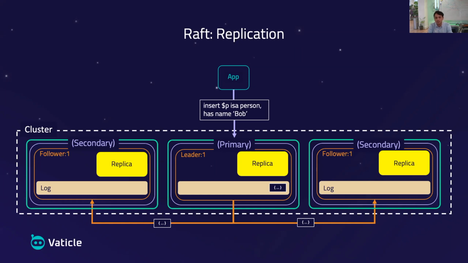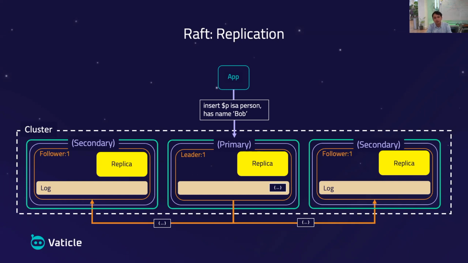So that little entry right there with the curly brackets is essentially the entry. The insert $p is a person has name Bob is then translated into key values by the storage engine. And then these key values will be appended to the activity log.